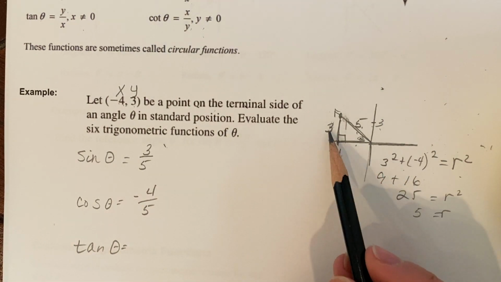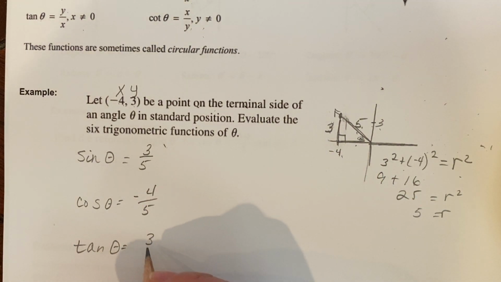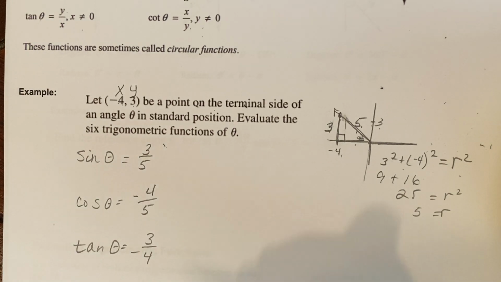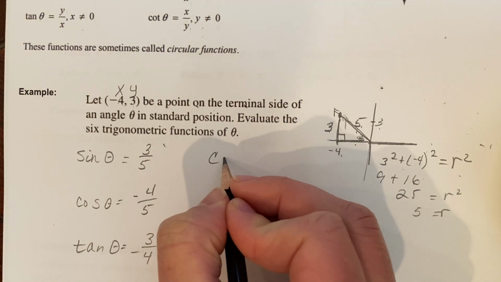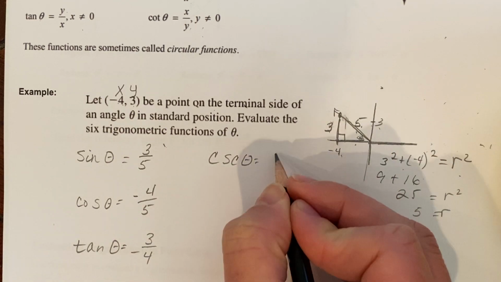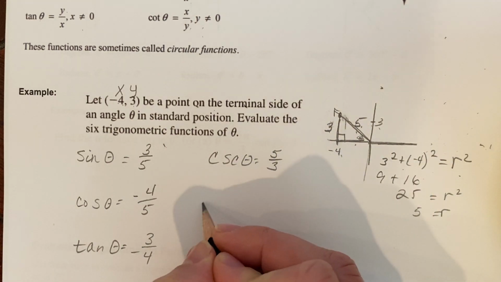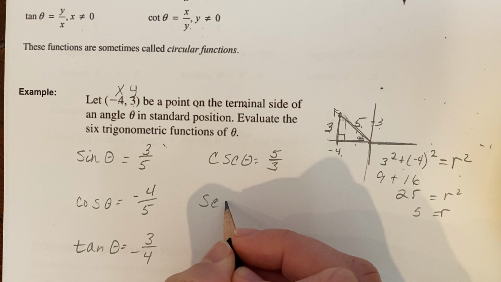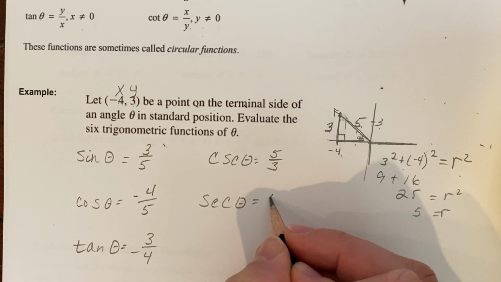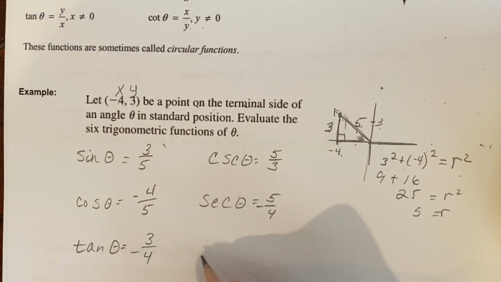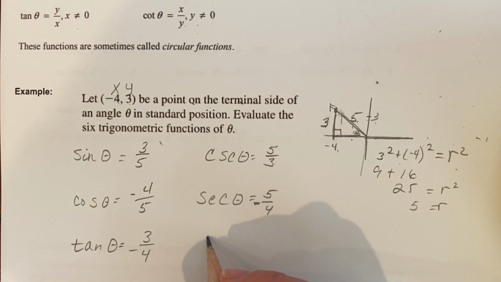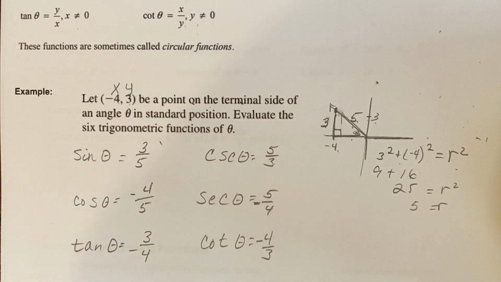And then lastly, our tangent, opposite over adjacent. And once you have those set up, it should be pretty easy to get the next 3 because you're just going to take the reciprocal. So there's our cosecant, our secant, and then lastly, our cotangent. Okay, and there's your 6 functions at any point.